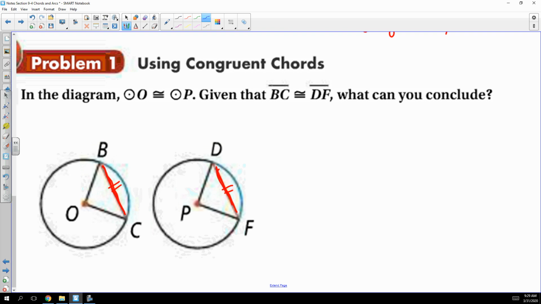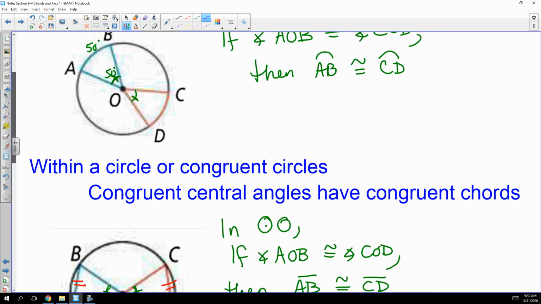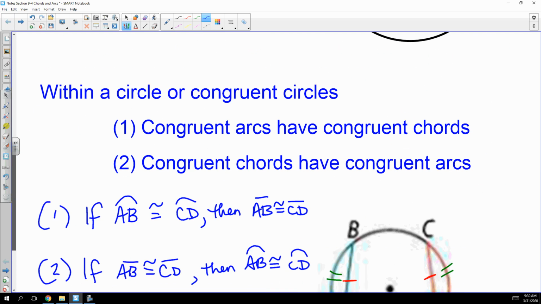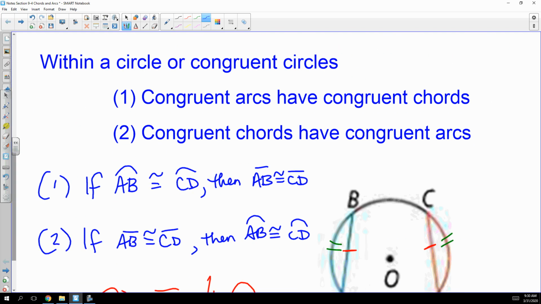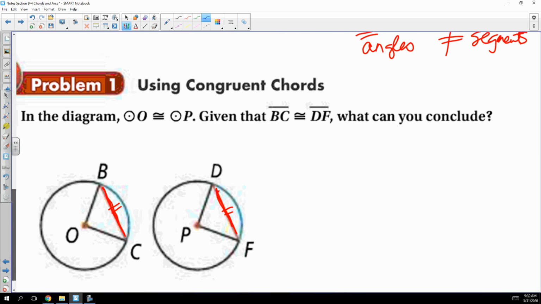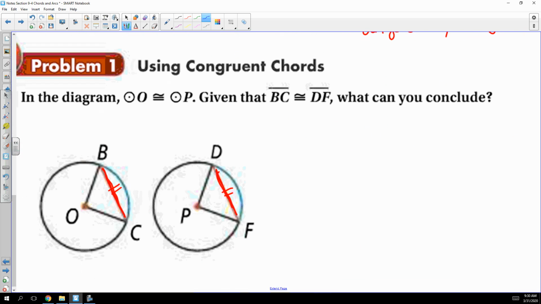One thing is that in a circle or congruent circles, congruent arcs have congruent chords, and congruent chords have congruent arcs. So back to this page again. Here we are at the bottom of this page. So if we have chord BC congruent to chord DF, then we can conclude that arc BC is congruent to arc DF, right?